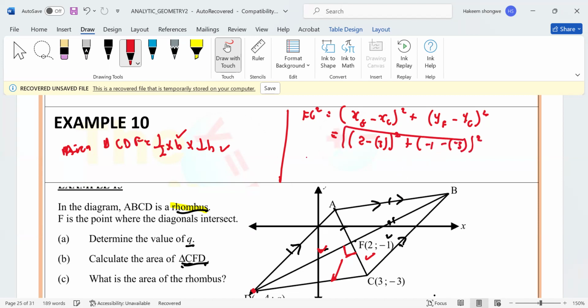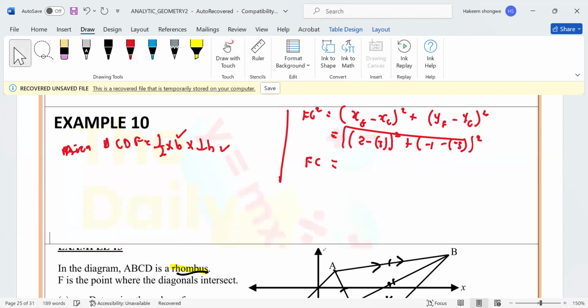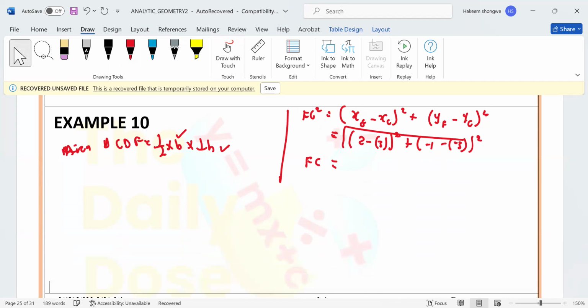If you say square root, what is going to be FC? It's the square root of 5. So we write square root of 5. This is our FC.